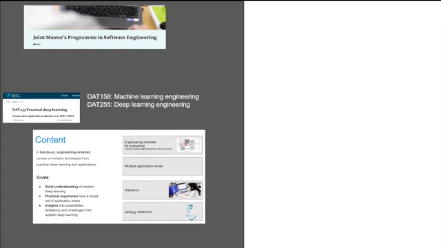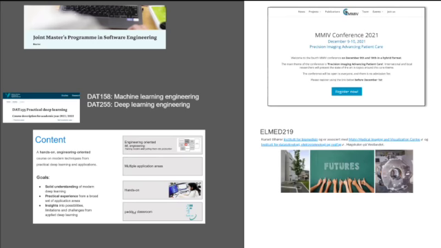And if you are interested in the medical applications of machine learning, you may consider coming to our conference at the center at the beginning of December, where machine learning plays a large role in the program. So you can check it out on the website. And also the course LMed 219, should it fit with your schedule, runs this January, from January 4th till 27th or so, a 6-credit course, so relatively intensive, one month.